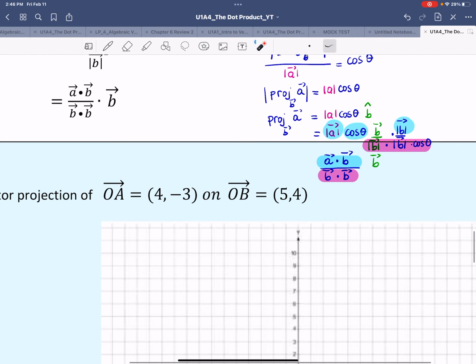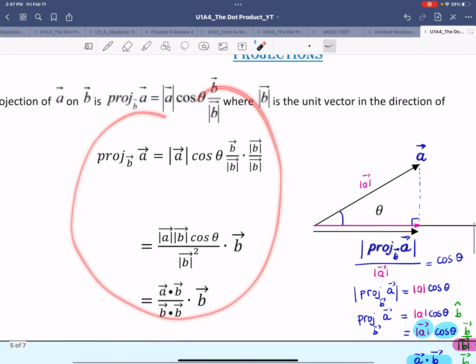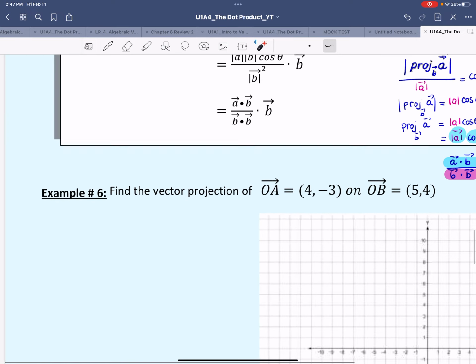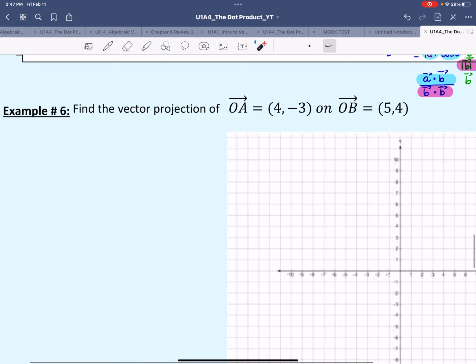So let's take a look at an example. And this is all described in here, but it's nicer when we derive the formula on our own. So we're going to take a look at the vector projection of OA onto OB.